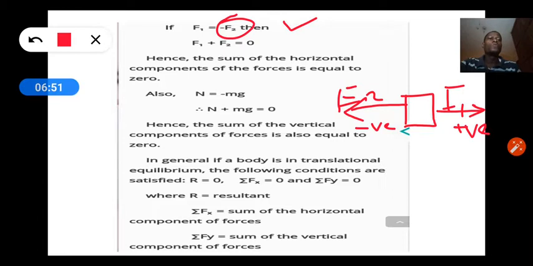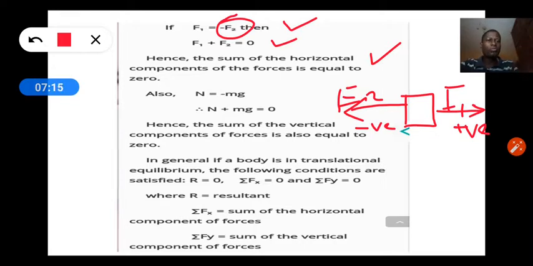Good. So if I collect the terms together, if I bring minus F2 here, I have just that simple equation, F1 plus F2 equals 0. It means the sum of horizontal components of the forces is equal to 0. I have the horizontal component, two forces there, F1 and F2.